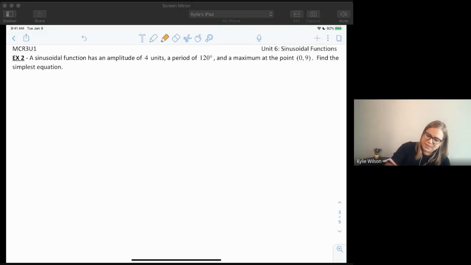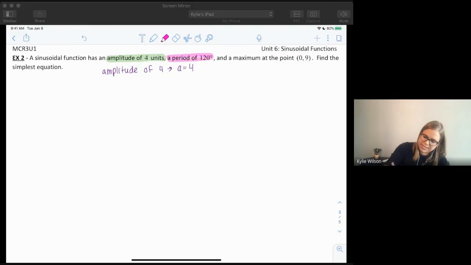So first we have an amplitude of 4 units. So that means we're going to have an A value of 4. Next, we're going to have a period of 120.